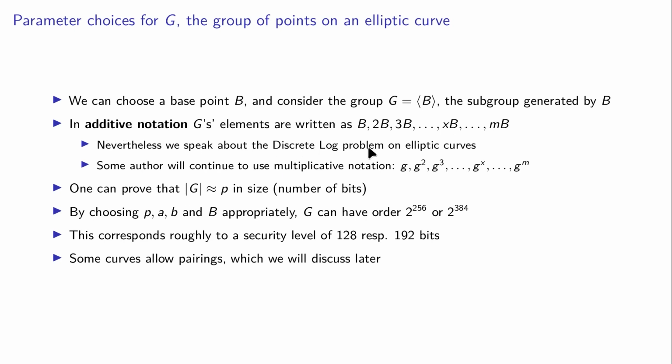If you would write the same thing multiplicatively, then you would do something like that. I changed the B for the G to be consistent with the earlier notation we used. But it's the same thing. It's the same math, but the notation is different. So this is something that you have to be careful about.